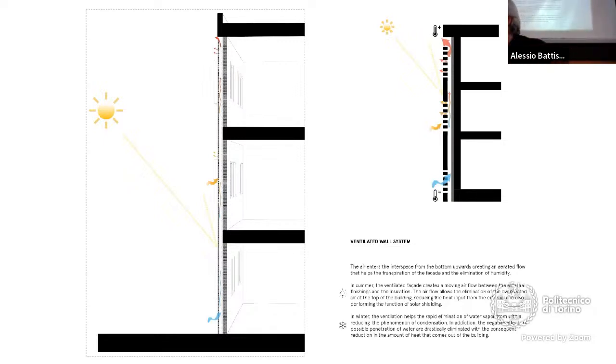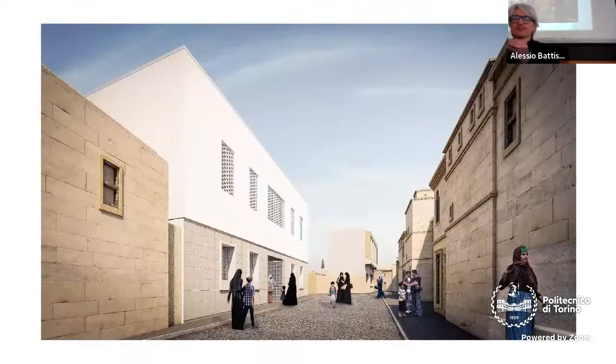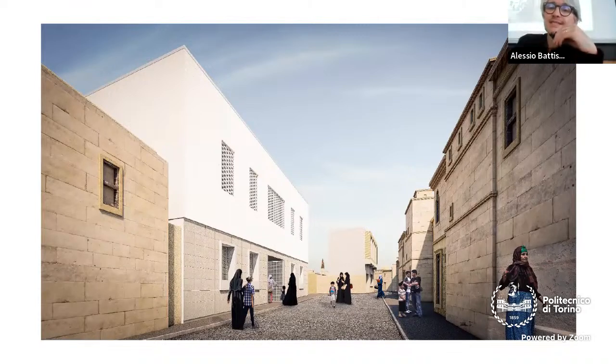Again, it's a very low-tech ventilated facade, but the building is probably not finished yet, so we don't know exactly. But we think that it could work. I'm quite confident about it. So this is the facade.